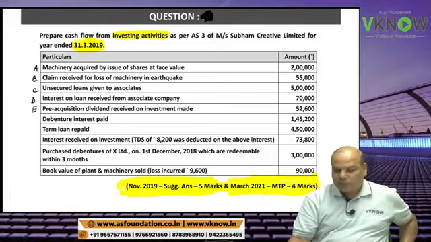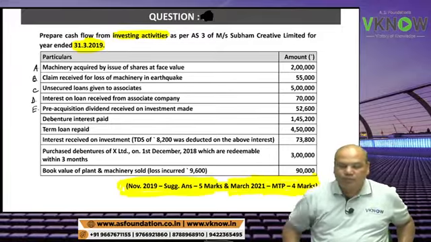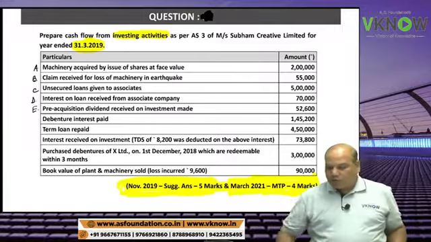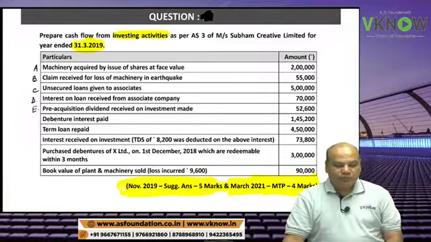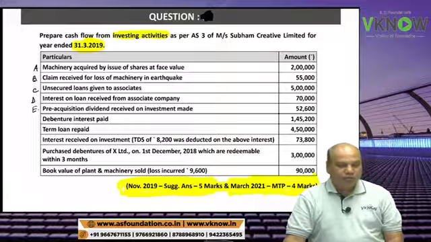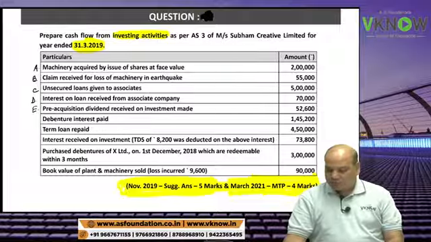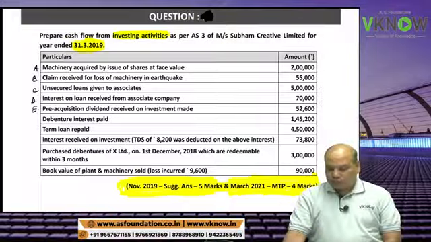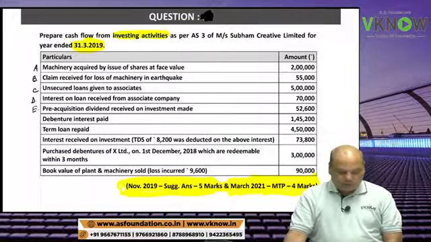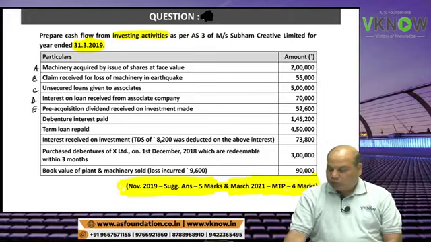Point B: claim received for loss of machinery in earthquake, 55,000.